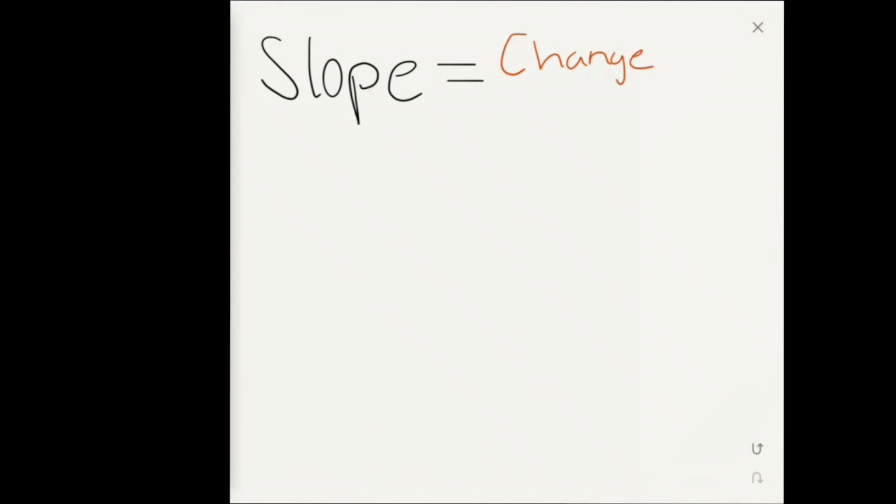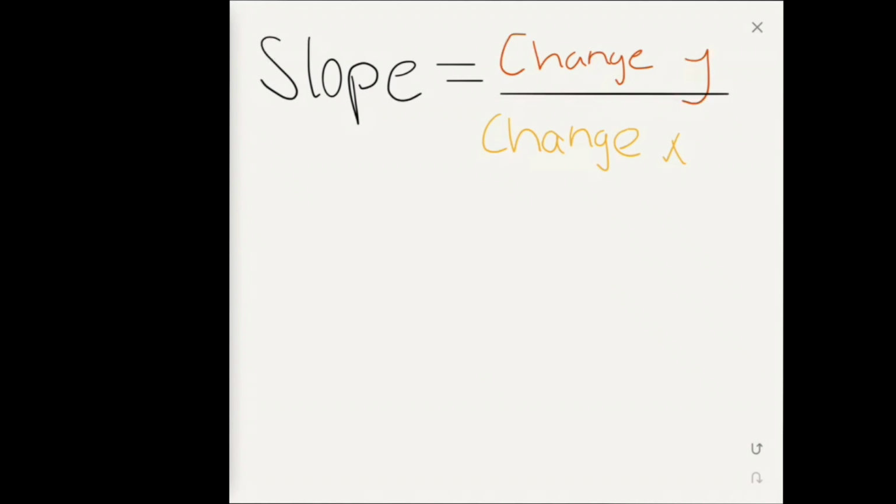Now mathematically, the equation for the slope of a line is slope equals a change in y divided by a change in x.